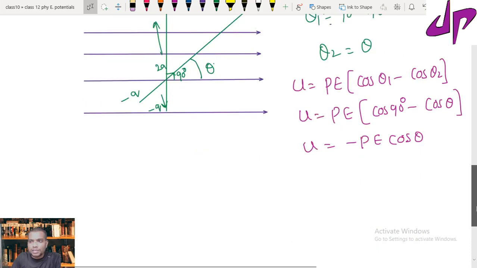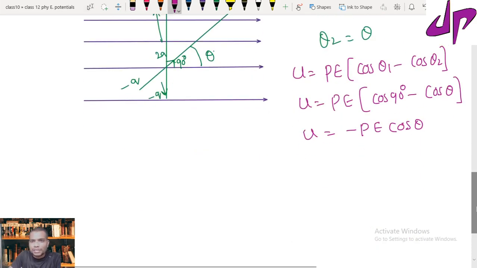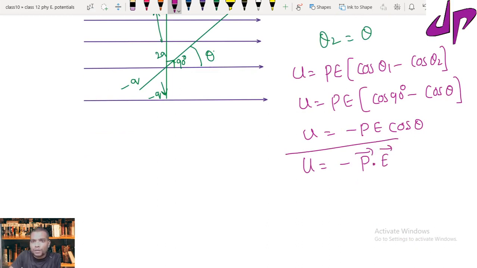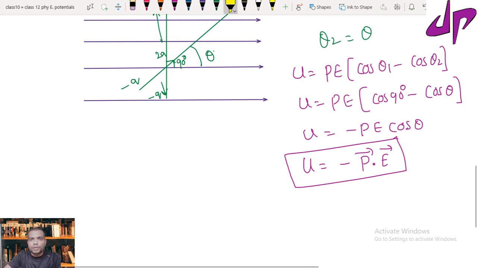Now this potential energy is a scalar, so we can write it as the negative of p dot E, the dot product of two vectors: one is the electric dipole vector, the second is the electric field vector. So this is the simple potential energy formula we need to remember.